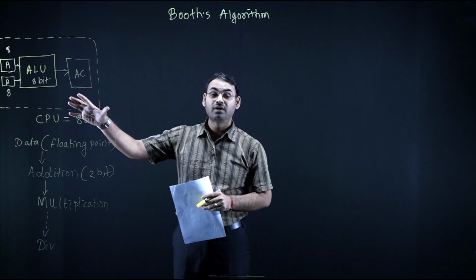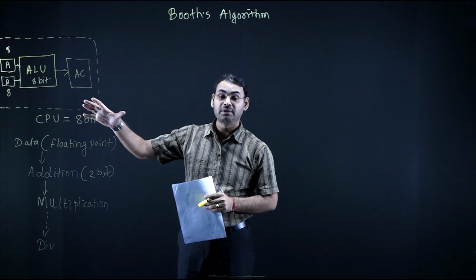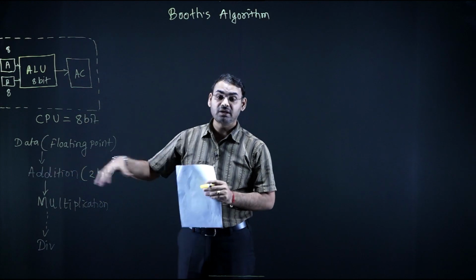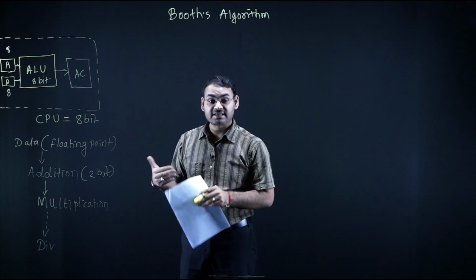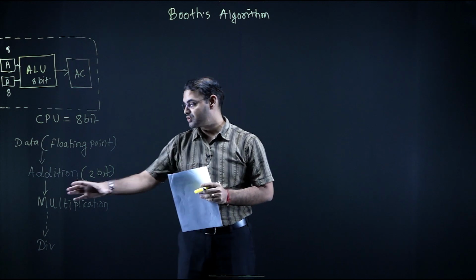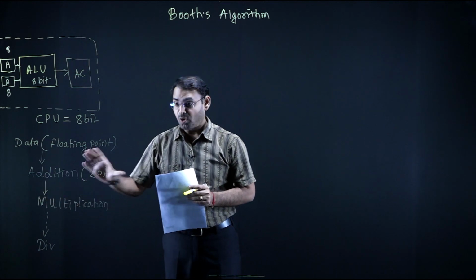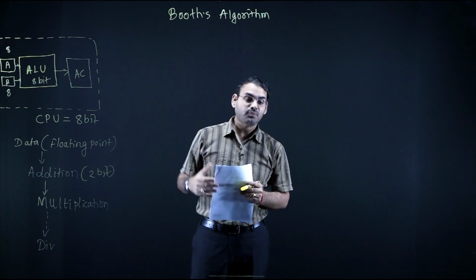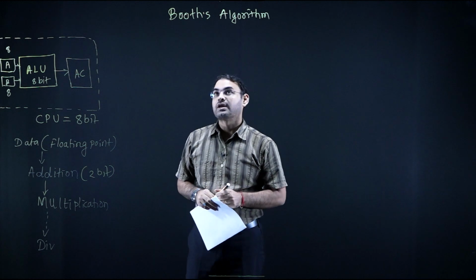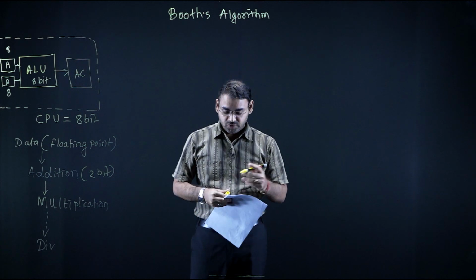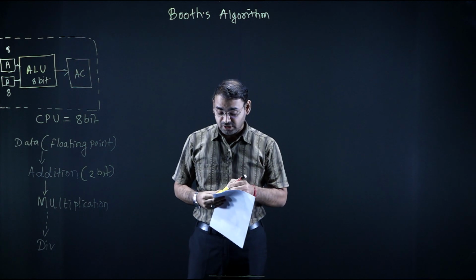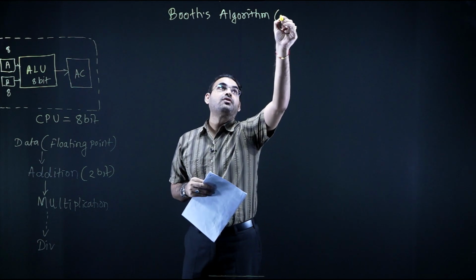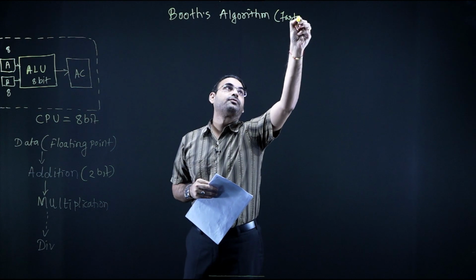Any multiplication is multiple recursive, that is, a cascading of additions that we are doing. That is why multiplication is an important portion, and the multiplication we are going to teach inside Booth's algorithm is important because it gives information on how multiplication can be done at a faster rate.